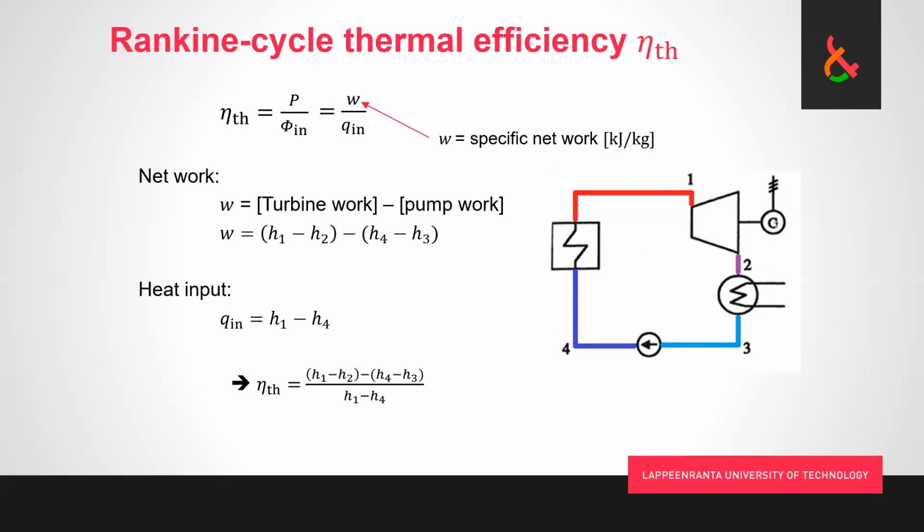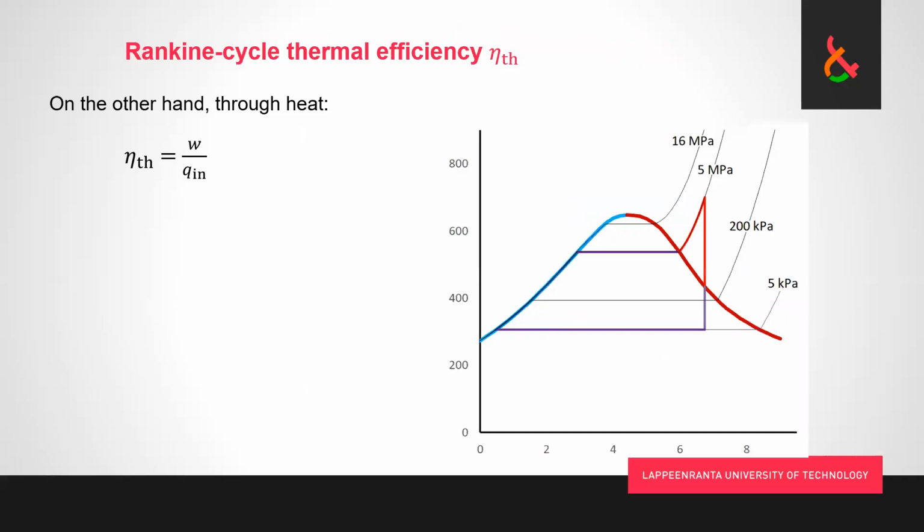So we're not talking about what we get out of the power plant as generator power, for example. But for now, we are still looking at these ideal processes where we don't care about generators or boilers. They don't exist. We are just looking at the process, and even that one is an ideal one with lossless components, basically.